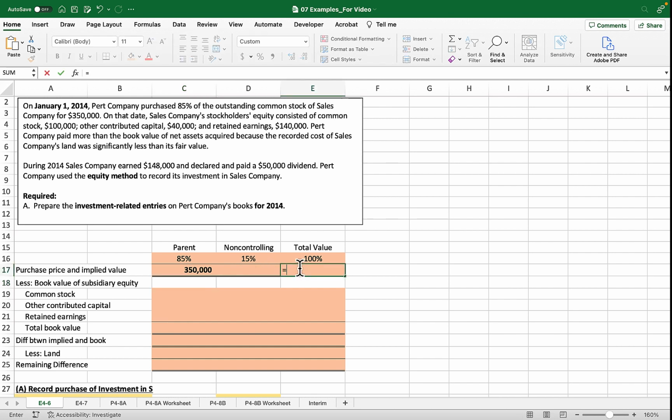We're going to assume that we could have bought the remaining 15% at the same rate per share. And so we're going to estimate the total value of the entity as a whole by taking our purchase price, the $350,000, and dividing by our ownership percentage. So that gives us a total value of $411,765. We're going to multiply that by 15%.